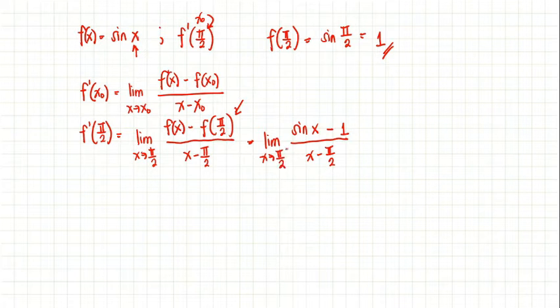Now, in this case, if we do direct substitution, sine of pi over 2 is equal to 1. Then minus 1, you will have 0. Over pi over 2 minus pi over 2, you also have 0, which is indeterminate.